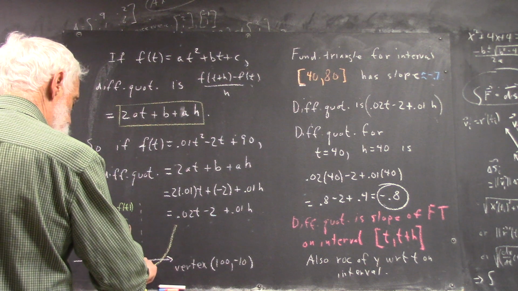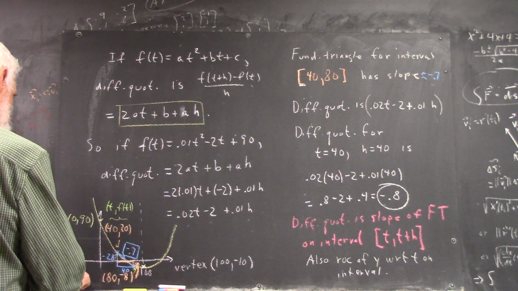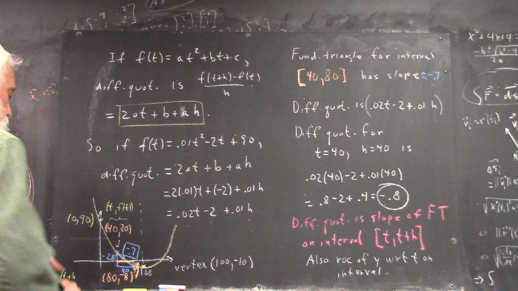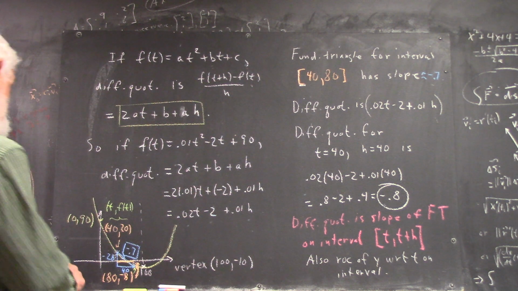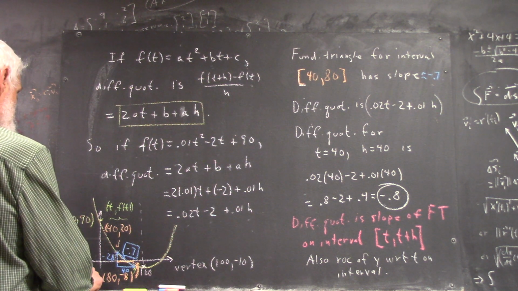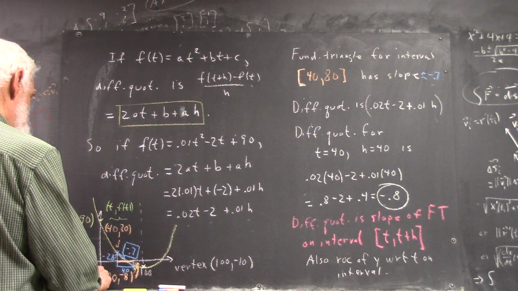This point here that I should have pointed to is, well, the x-coordinate is your t plus h, the 40 plus 40, which is 80 in this case, but in general, it's t plus h. And the y-coordinate is what you get when you plug that into the function.